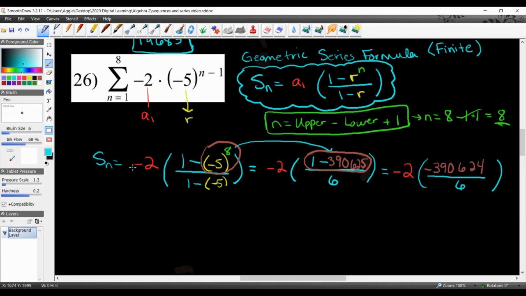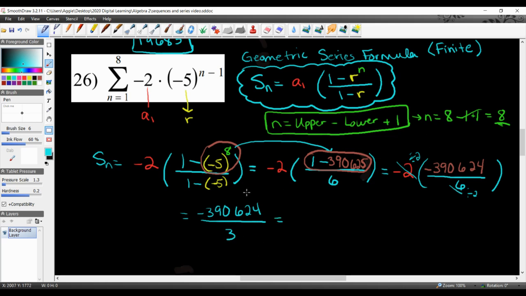Or you can simplify the -2 and the 6, which is what I'm going to do because I think it's easier. So this would be negative 390,624 divided by 3, because -2 and 6, if I divide this by 2 and divide this by 2, I get 1 over 3, so there's my 3 right there, okay?